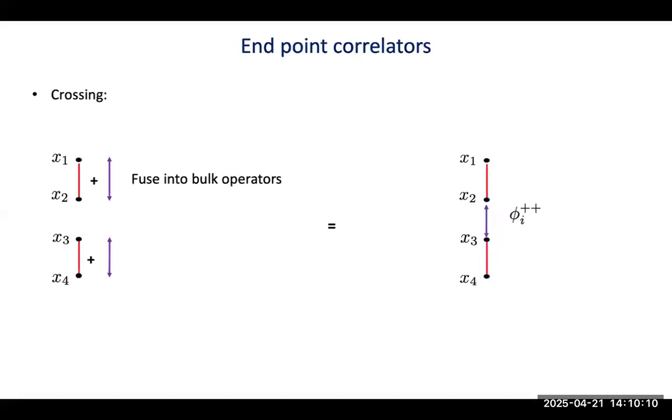If you fuse like this, bringing x2 and x3 close together, it becomes a defect operator. So this crossing equation will link the spectrum of bulk operators to the spectrum of defect operators on this red line, which is the pinning plus defect. On the left hand side you have 2 bulk operators in the end, and on the right hand side you have 3 defect operators on the red line. So it becomes a 3-point function, right?